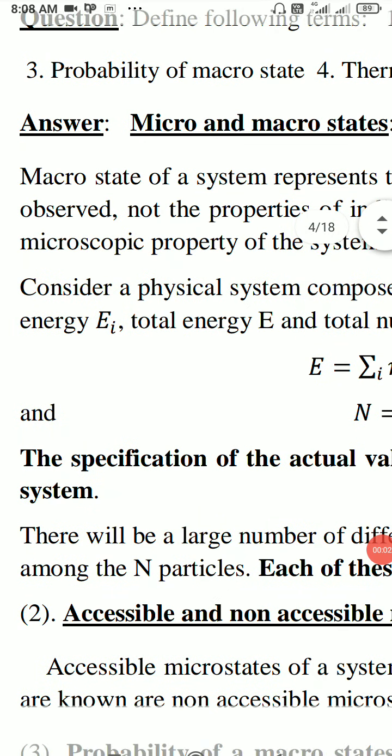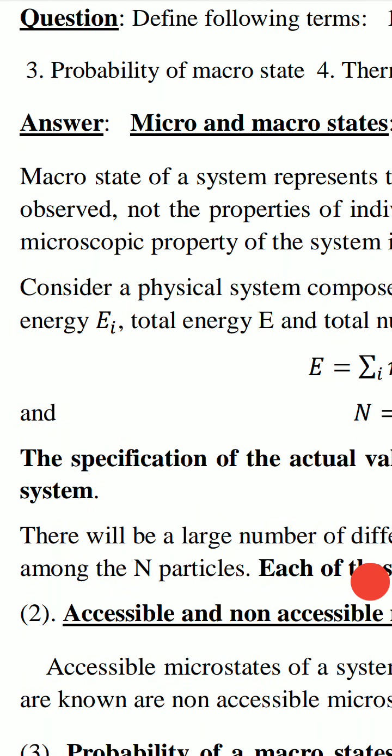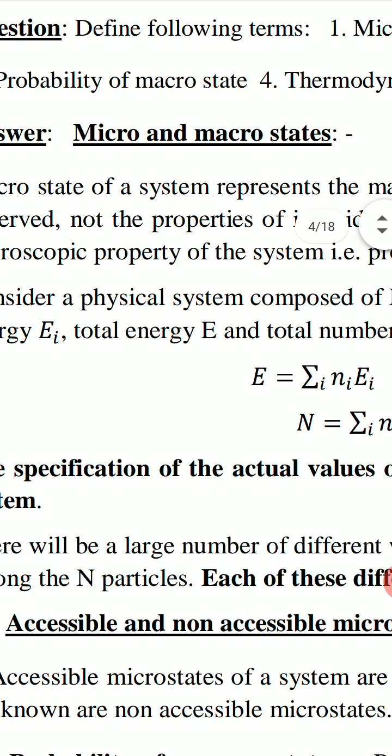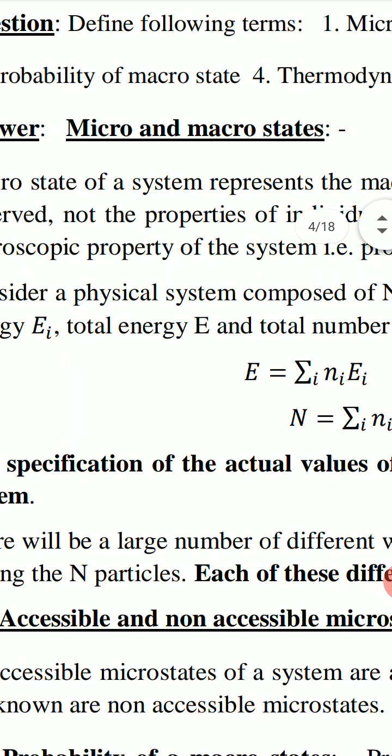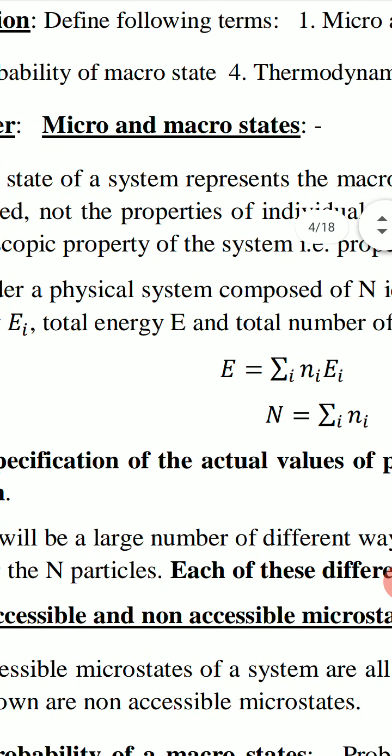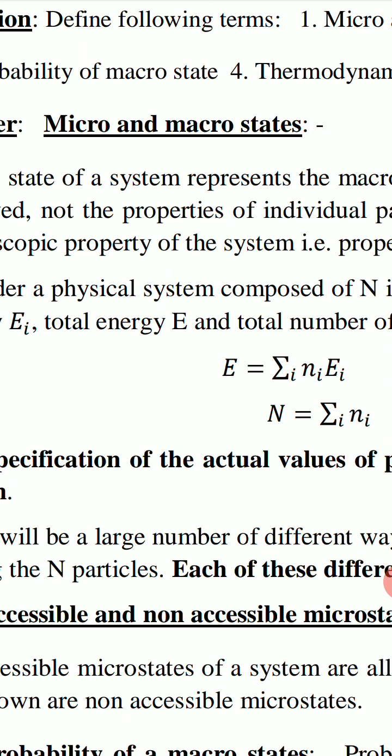Now we will define certain terms used in statistical mechanics. First of all, we will define microstate and macrostate.